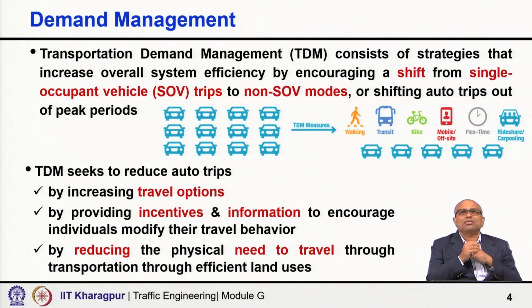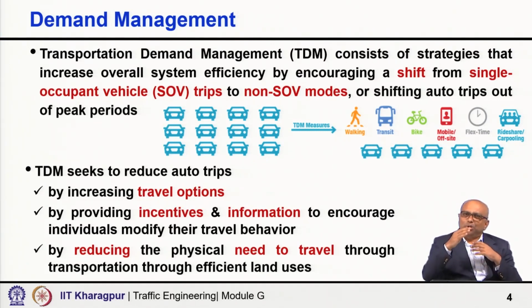Can we shift the single occupant vehicle trips and convert them to non-SOV trips? That is one way. Instead of 3 cars, can we have only 1 car, or instead of 10 cars, 1 car and 1 bus, something like this. So, single occupant vehicle trips get converted into non-single occupant vehicle trips or modes.